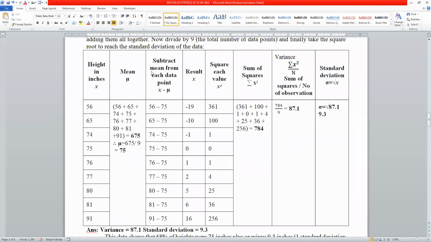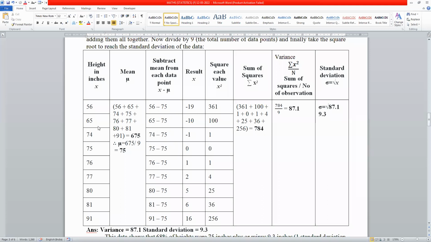Third step, what you have to do is subtract the mean from each data point, x minus mu. So x is height in inches, and we got the mean as 75. Here 56 minus 75 is minus 19.